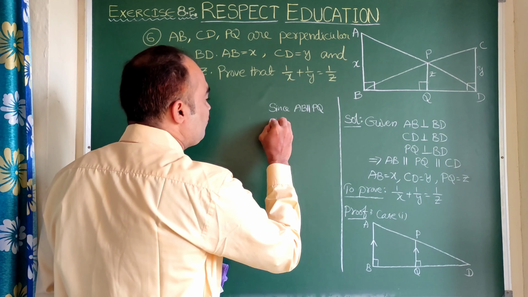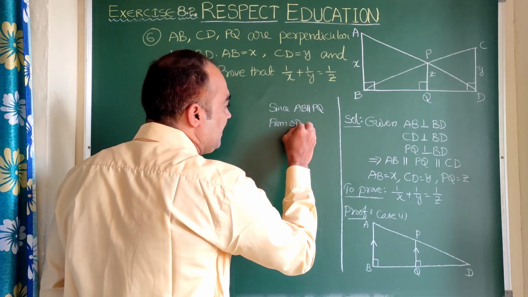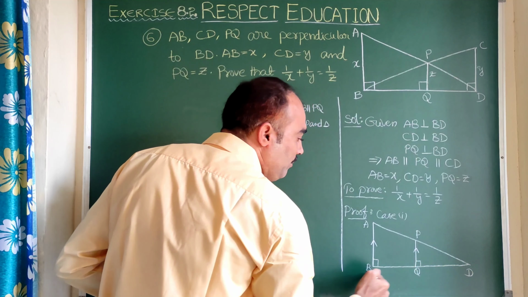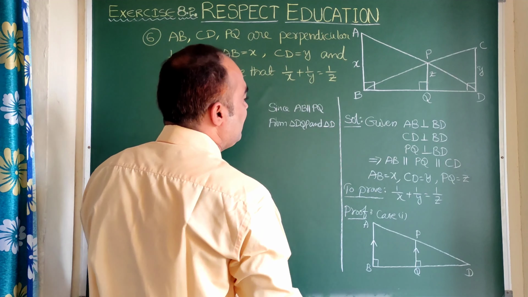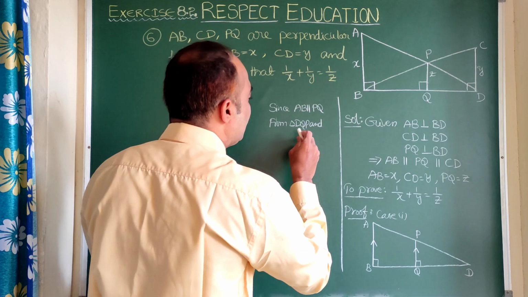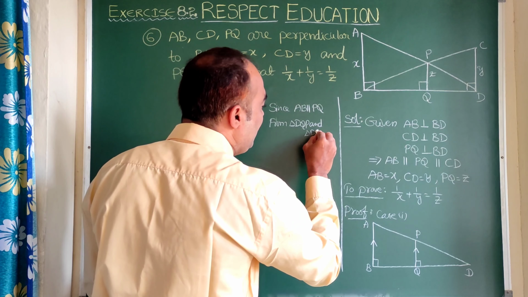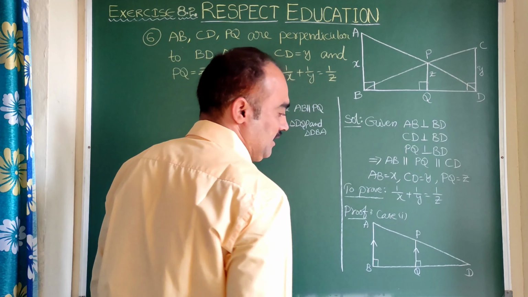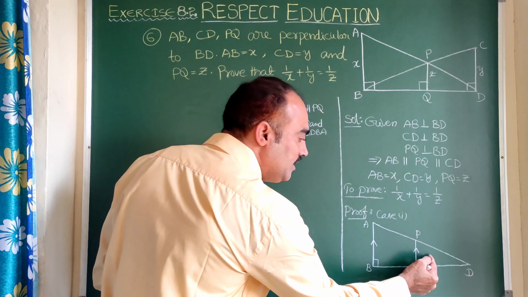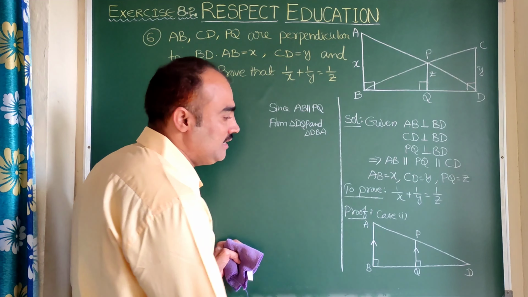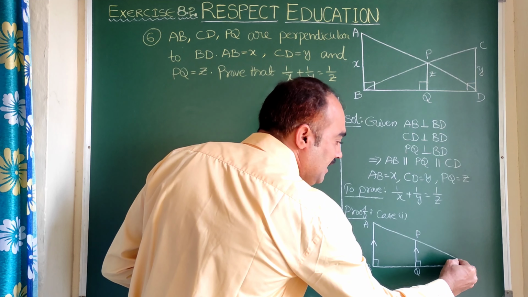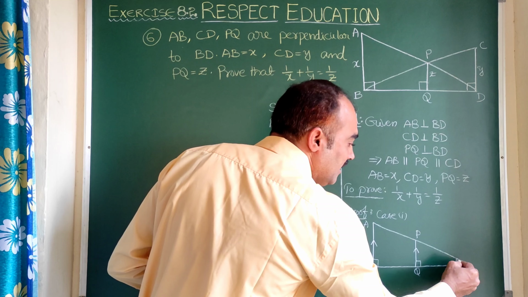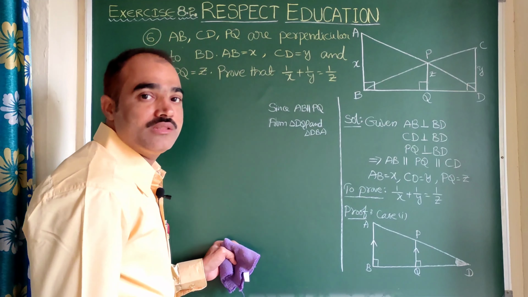So from triangle DQP and triangle DBA, let us write the known angles so that I can prove these two are similar. Observe, angle D is common in both the triangles.